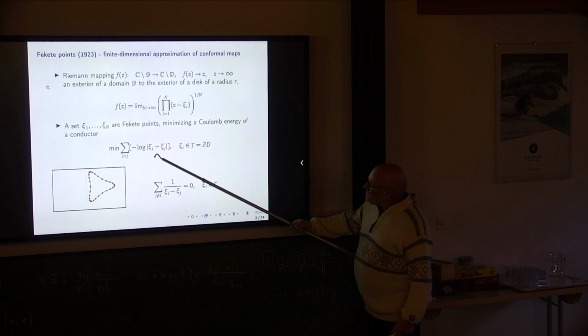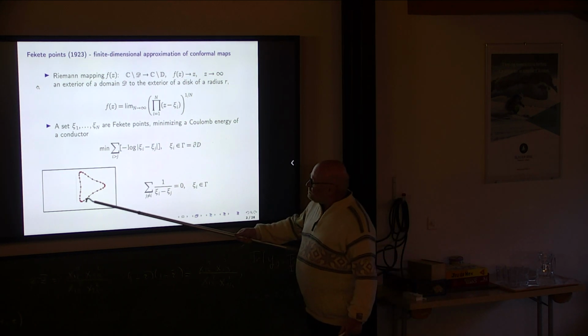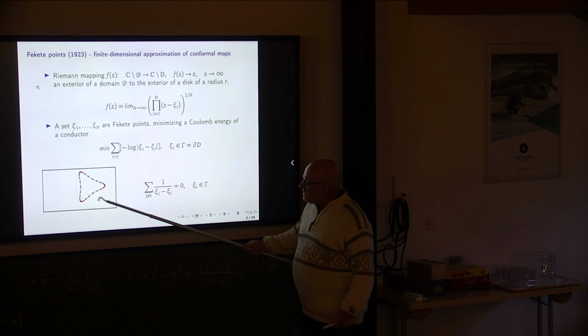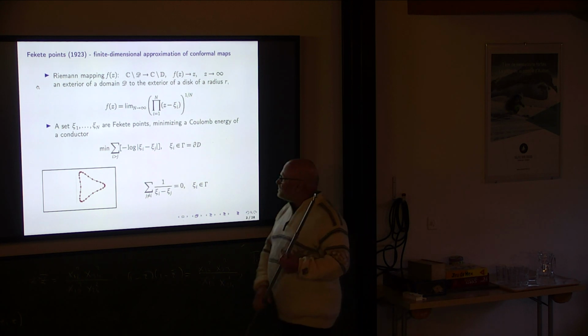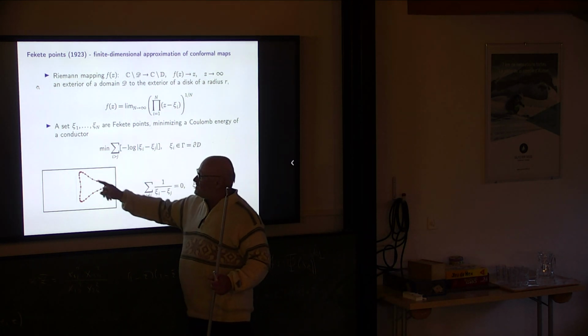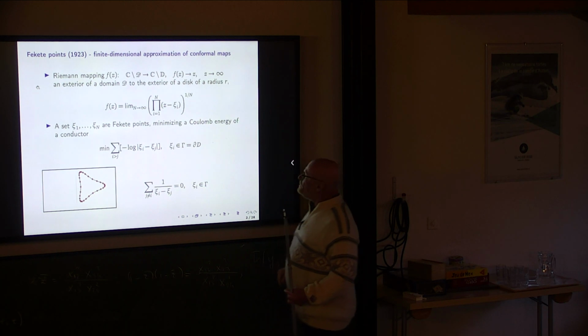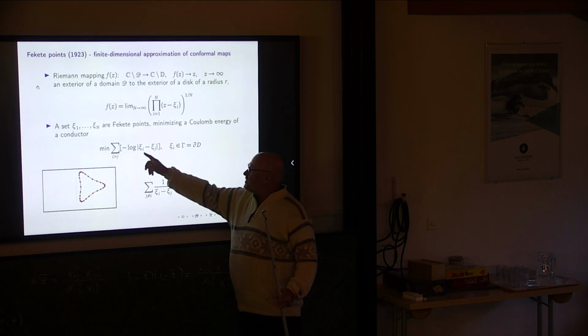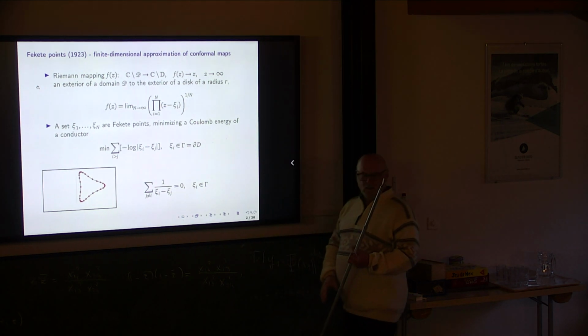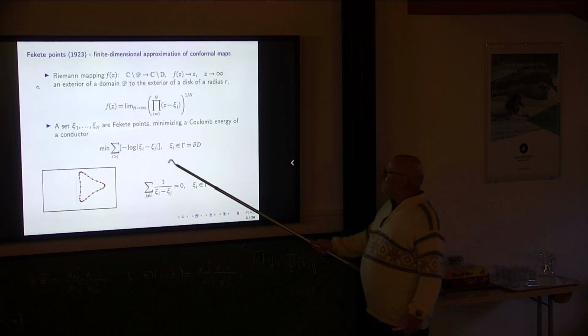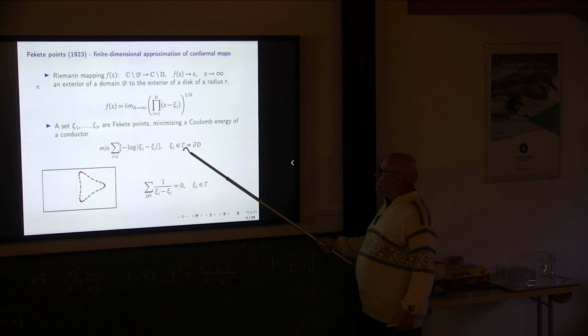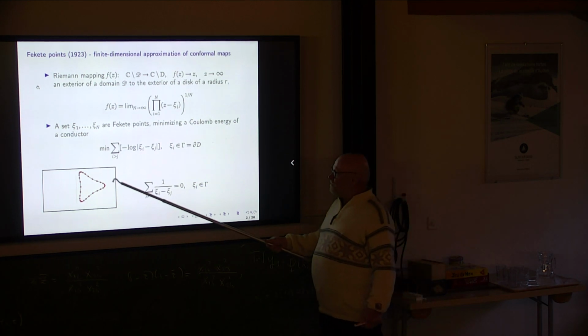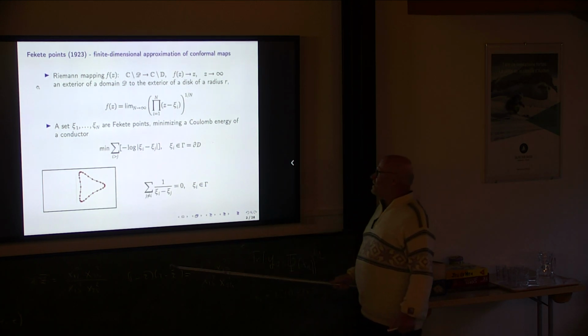Consider that's the boundary of my domain, and I put n points, 1, 2, 3, right on the boundary. The complex coordinates are xi. All these xi belong to the curve gamma, which is the boundary of the domain.